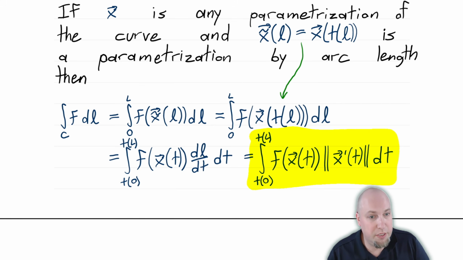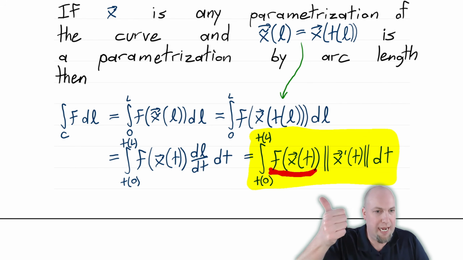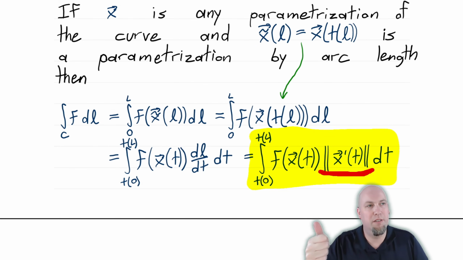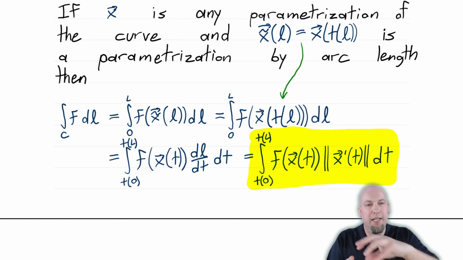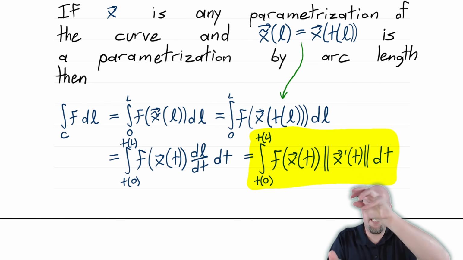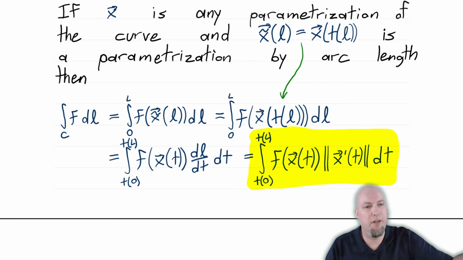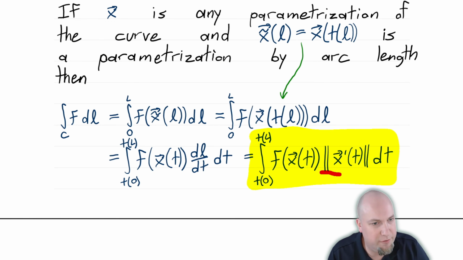You compose the two functions just like we did in that first average temperature example, but then you need this correction factor, the speed of the path, to account for the fact that you don't want time to affect your final answer. You don't want the speed of the particle to affect it.